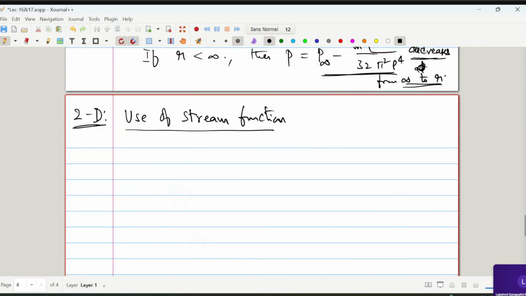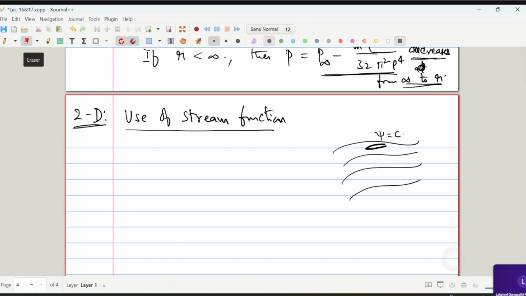Basically, the problem is in 2-dimensional flow. If you consider these your streamlines, along the streamlines you know that psi is constant. This is maybe psi equal to C1. This is your psi equal to C2.